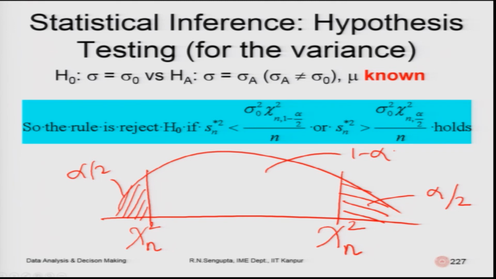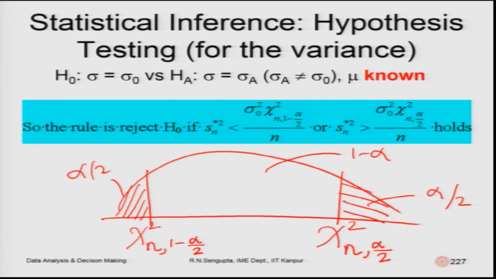Now, under the nomenclature scheme, the suffix would be 1 minus alpha by 2, that is the overall area which is still to be covered on the right, and this will be alpha by 2 corresponding to the fact that the area still to be covered on the right is alpha by 2.